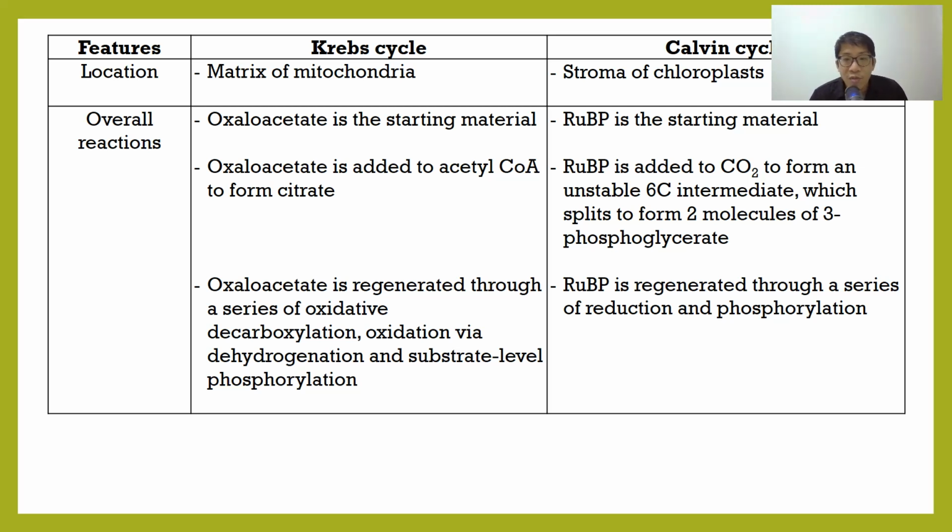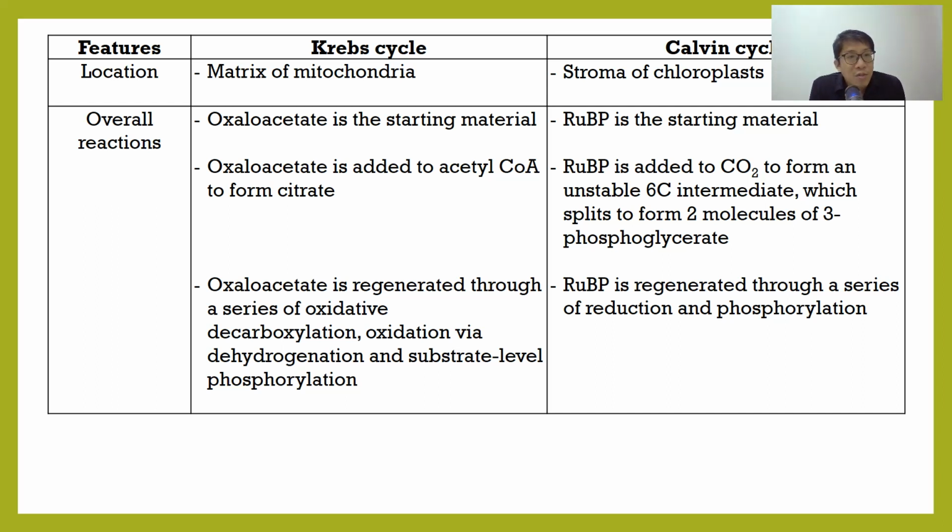As for the phosphorylation, that happens during the reduction as well as the regeneration of RuBP from TP, because ATPs are required, so the phosphate from ATP is actually moved and added into the intermediate of the Calvin cycle. That's why I call it phosphorylation.